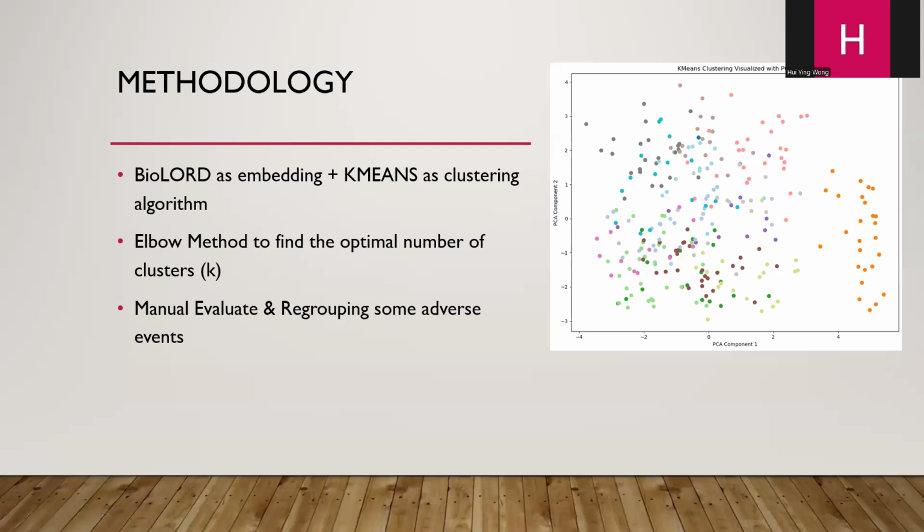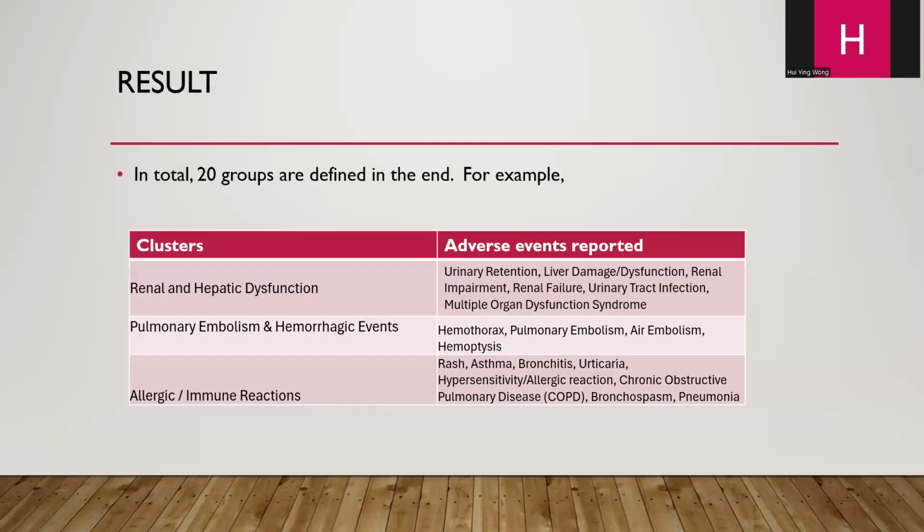But it's always important to manually evaluate the result before saying that these are the right groupings. So I also look at the final groupings and regroup some of the events to make it better. So the result is I grouped 291 adverse events into 20 groups.